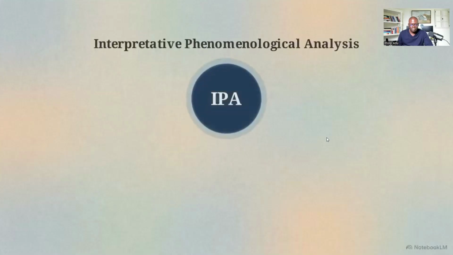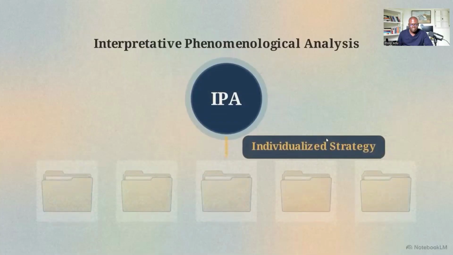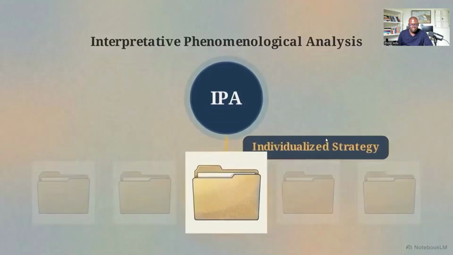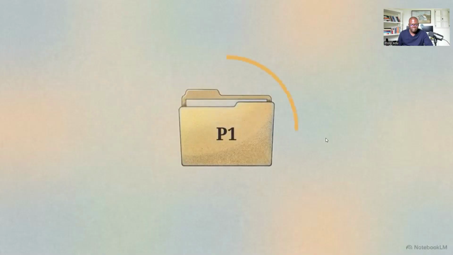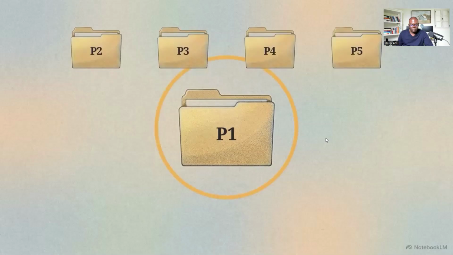To get past the surface, I used a specific qualitative tool, Interpretive Phenomenological Analysis, or IPA. For this study, I applied its individualized strategy. The core rule of this strategy is strict isolation. You must complete the entire analytical cycle for one physician's transcript before you are allowed to look at a second case or attempt any comparisons.